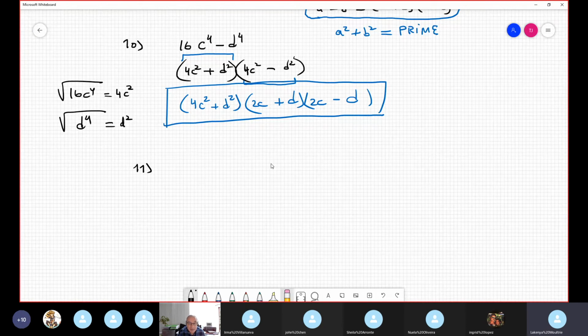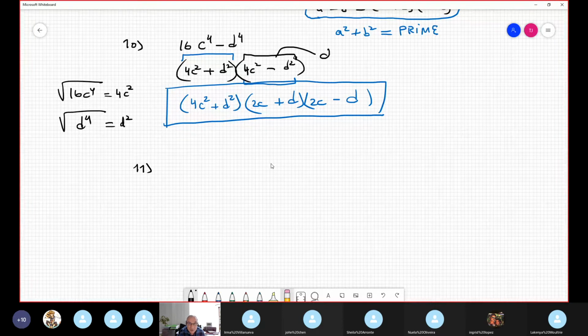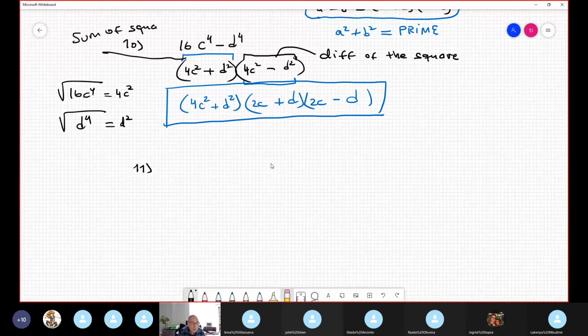Because I can see that this expression is another difference of squares. However, this expression is the sum of squares, and with the sum of squares we cannot do anything.